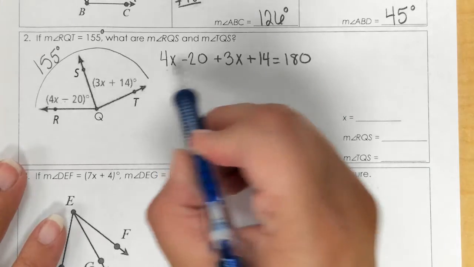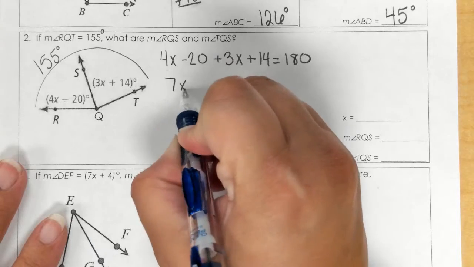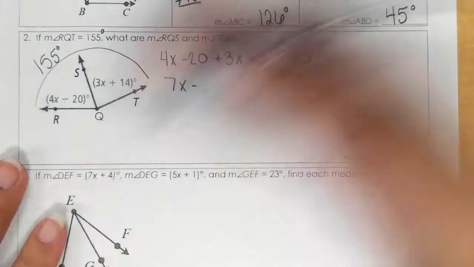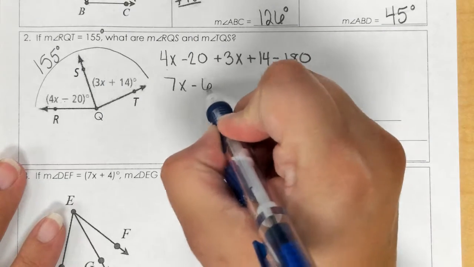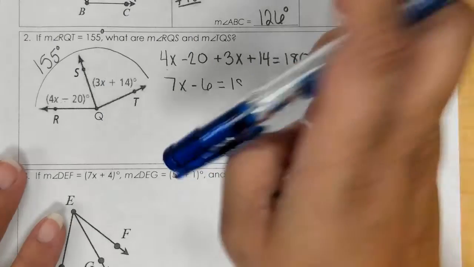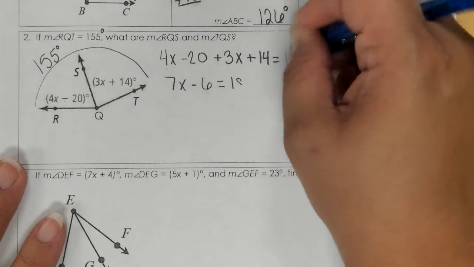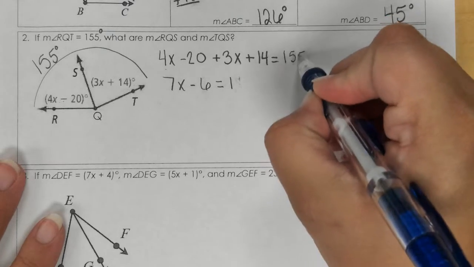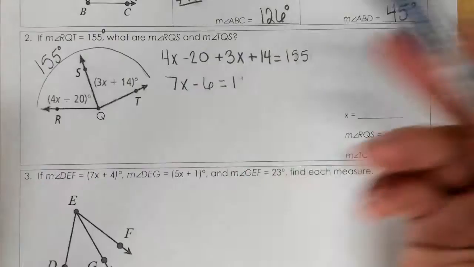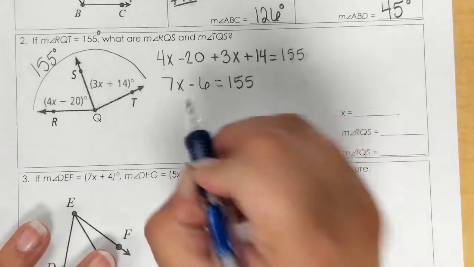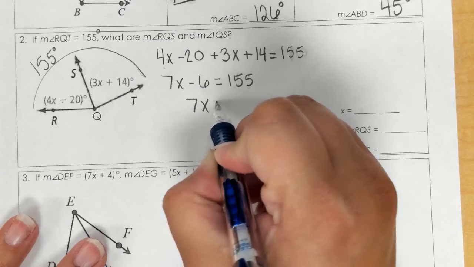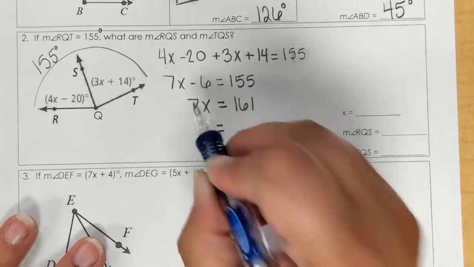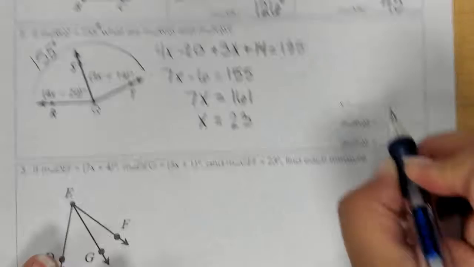And then 4x plus 3x is 7x, minus 20 plus 14, and that would be negative 6, equals, oh, what am I doing? 155. I'm sorry about that, since we're talking about the whole angle. Alright, now I'm going to add 6 over and get 161. We divide by 7 and we get 23.